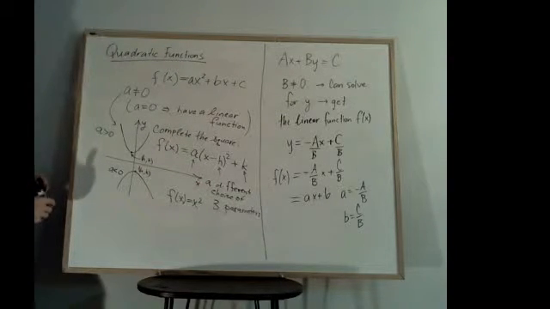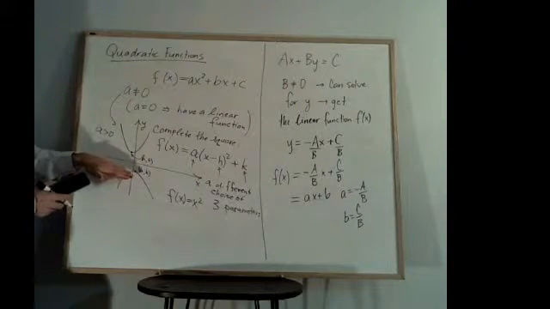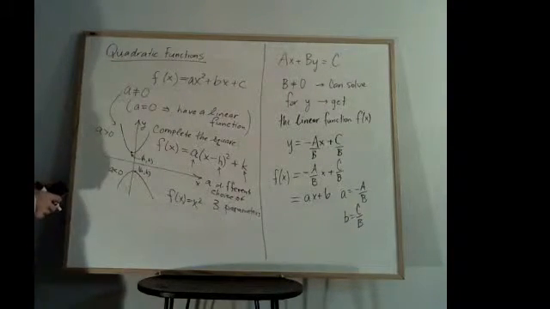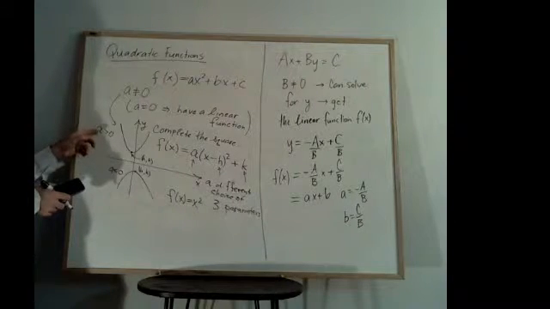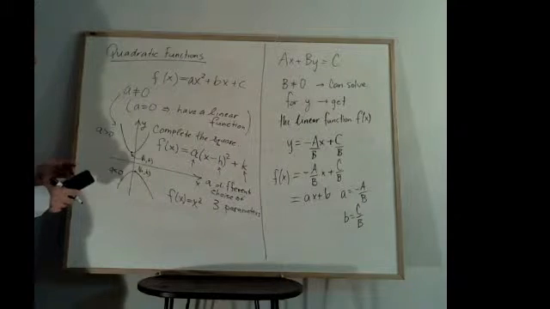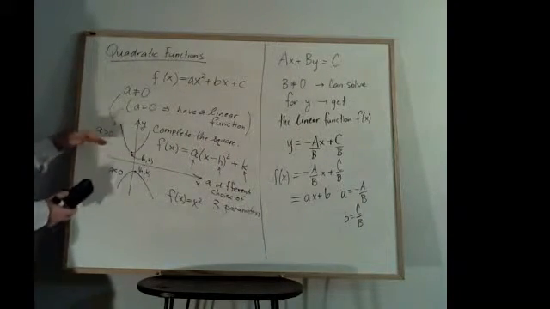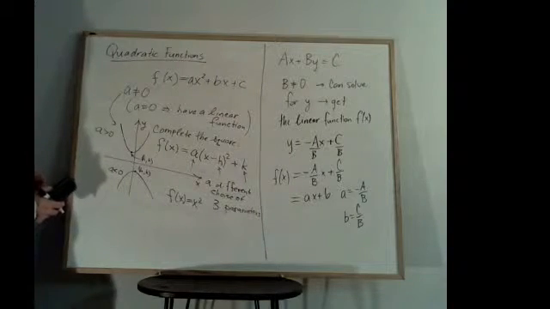Right? So if a is negative, then you get a reflection about the x-axis. So you get a shape like this. And if the magnitude of a is different from 1, then you get a stretching in the y direction if a is bigger than 1, or a shrinking in the y direction if a is less than 1 in absolute value.